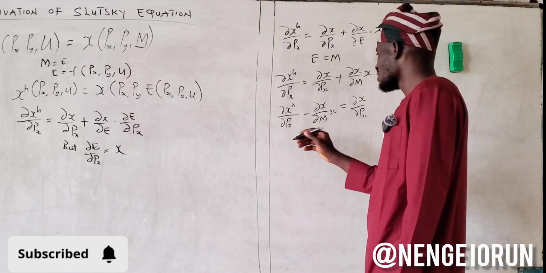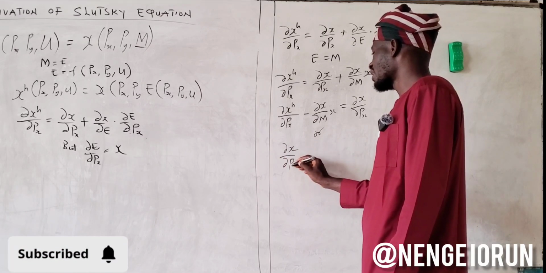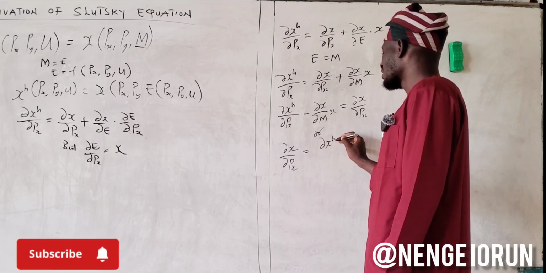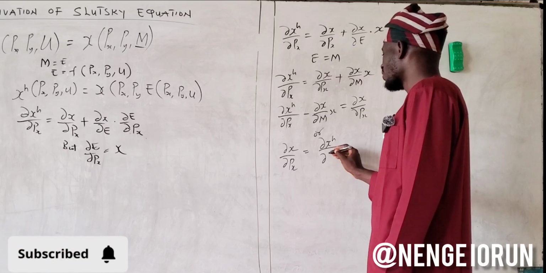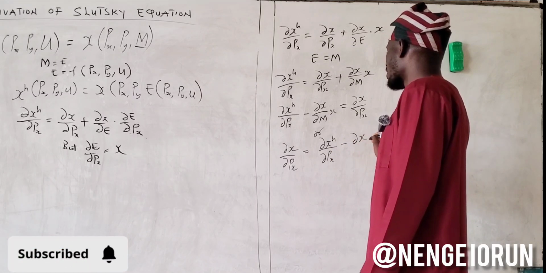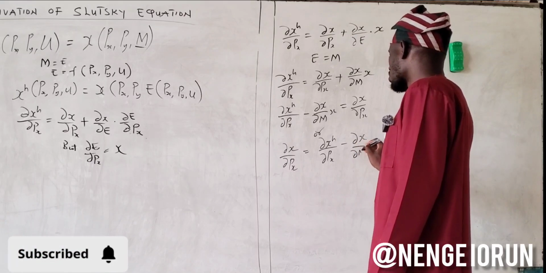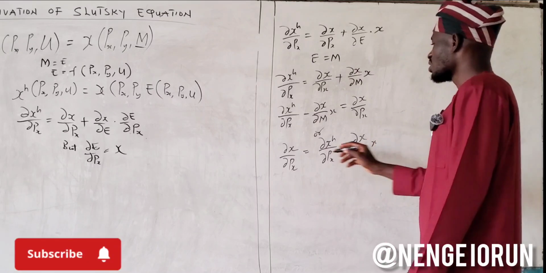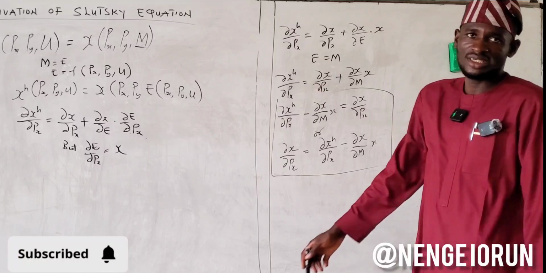This can be written as the partial derivative of X with respect to Px is equal to the partial derivative of the Hicksian demand function with respect to Px minus the partial derivative of X with respect to income times X. So now this is the Slutsky equation.